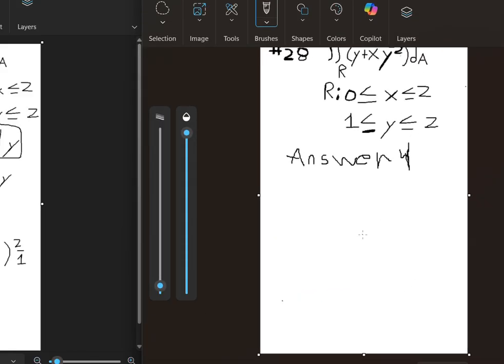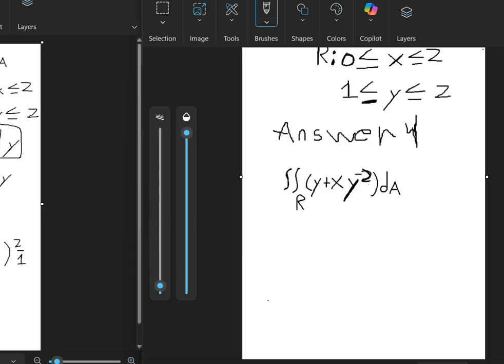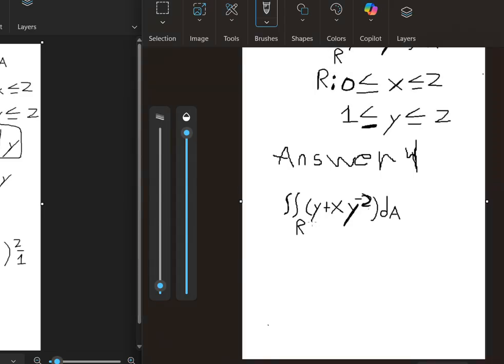Alright, so since it says R first, 0 on the bottom, and 2, I'm just going to write down the Y for right now because it's always important.